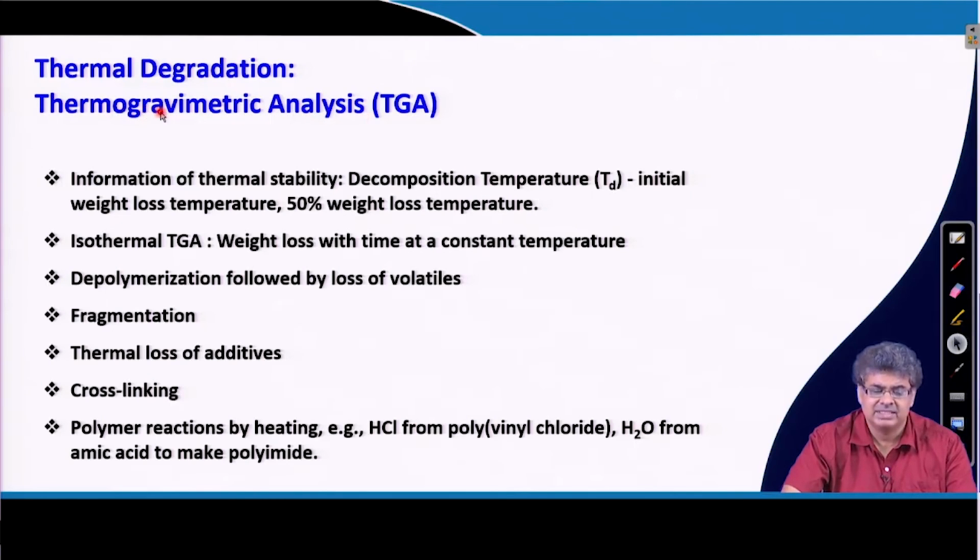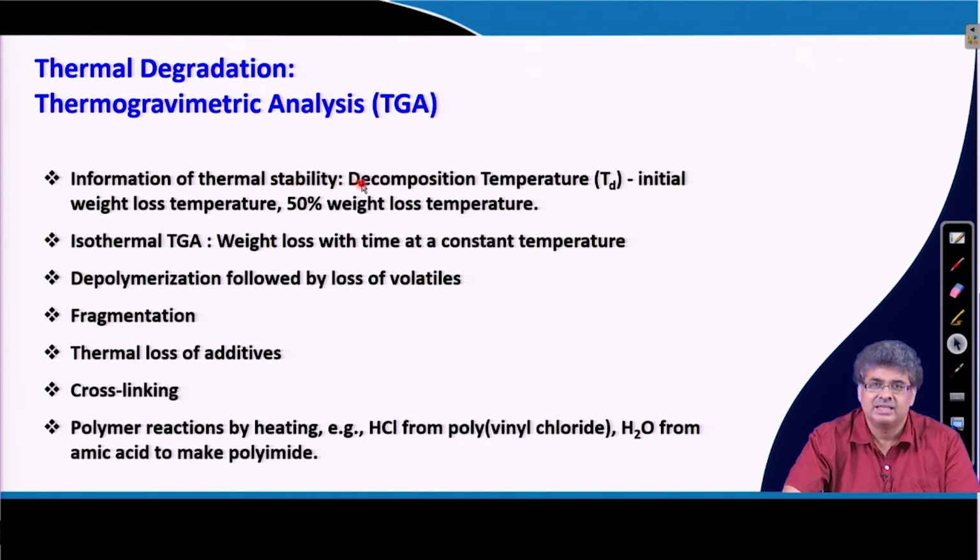Okay, now I will discuss thermal degradation, which is determined by thermogravimetric analysis. As the name suggests, it is a gravimetric analysis. Basically, polymer samples are heated and the weight or mass of the polymer is followed using a balance. Thermogravimetric analysis, or TGA, gives information about thermal stability.